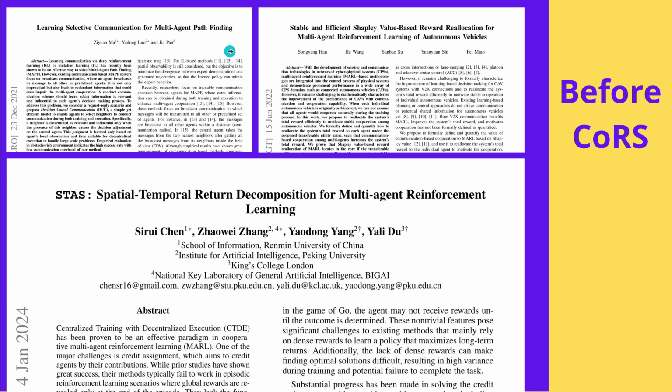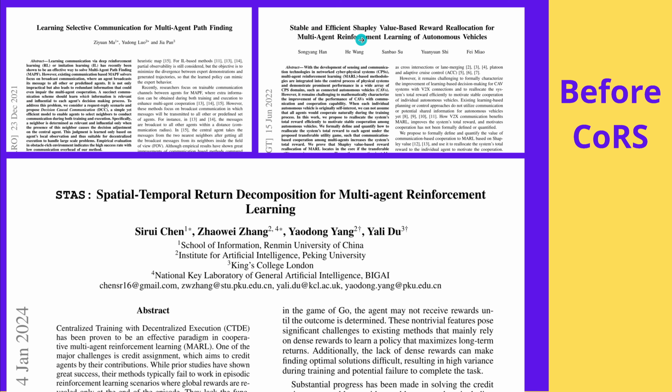And now for multi-agent pathfinding, you can imagine that this particular application has been researched for years and years. I have here 3 publications if you want to have a little bit of a deep dive. I think you should read those 3 publications. First one is from December 2021, Learning Selective Communication for Multi-Agent Pathfinding.